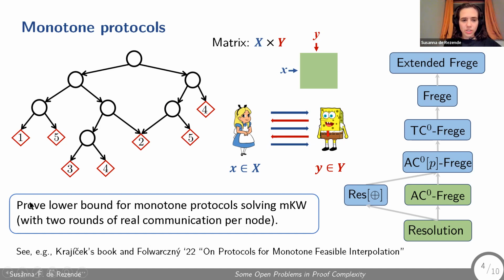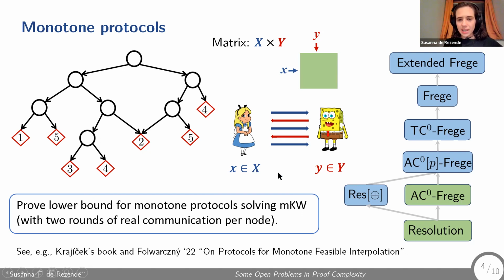So there's this question of proving super polynomial lower bounds for monotone protocols solving the monotone KW relation, where the related communication model allows for 2 rounds of real communication. You can also think of it as intersection of 2 combinatorial triangles.